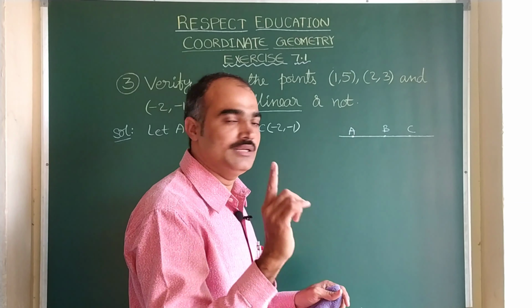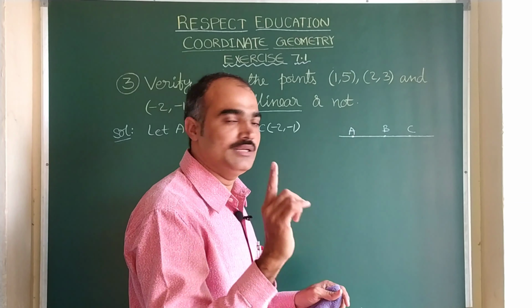Here 1 square is 1, (minus 2) whole square is 4. So it is under root 1 plus 4, which is under root 5. So we got AB equal to root 5 units. Now AB is over.